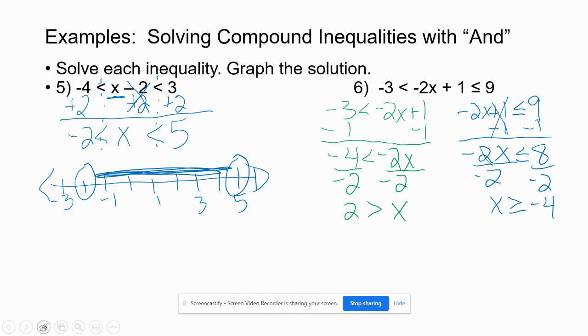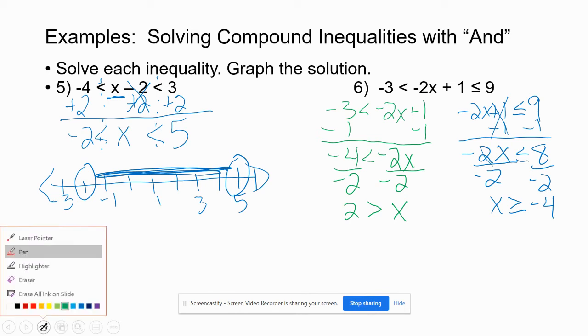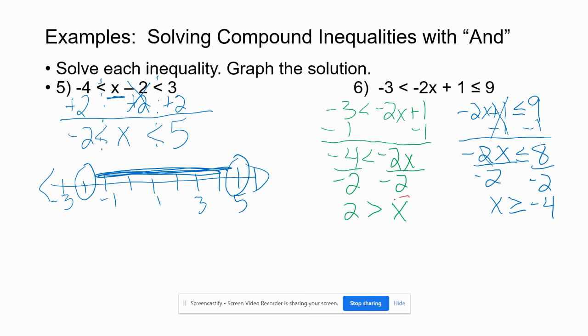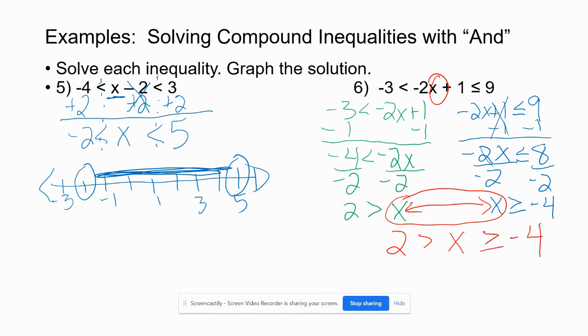And so now what I'm basically doing is I want to slide these 2 equations together. And sliding them together means I want to overlap, because that's the same x. I want to overlap them. So 2, overlap those x's, -4.